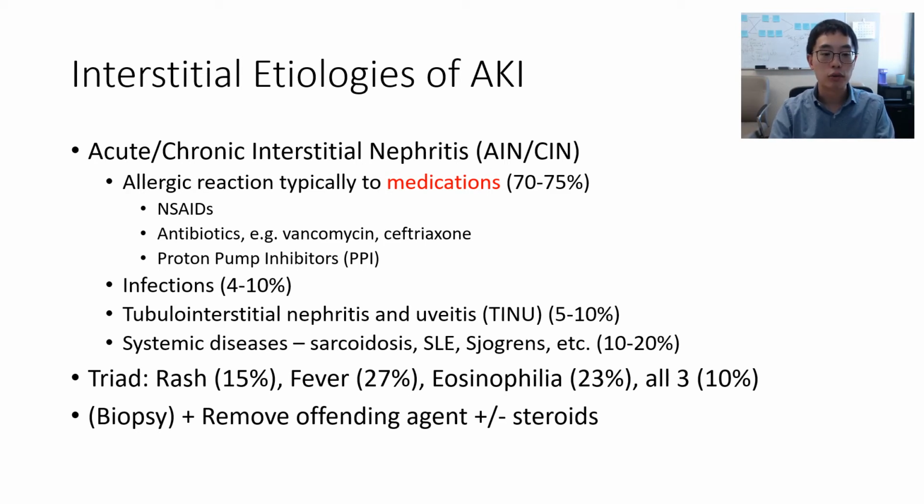Unfortunately, very few patients actually have all three, and it will really be based upon clinical suspicion of some sort of acute or chronic interstitial nephritis that will lead us to potentially getting a biopsy, removing possible offending agents, and potentially giving steroids if we think that the case is severe enough.